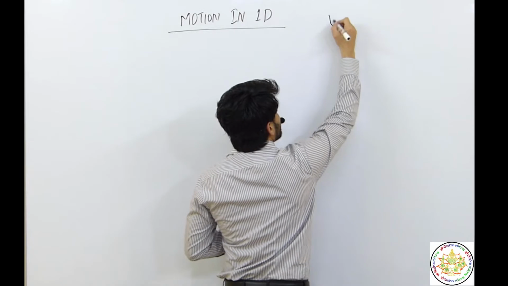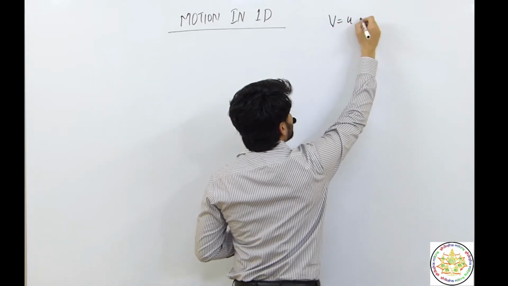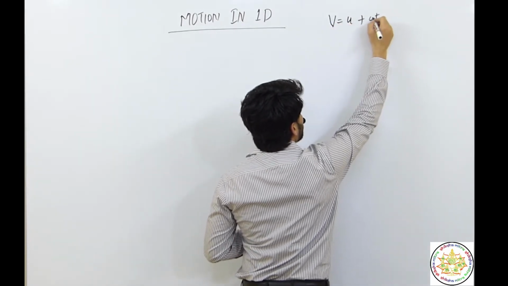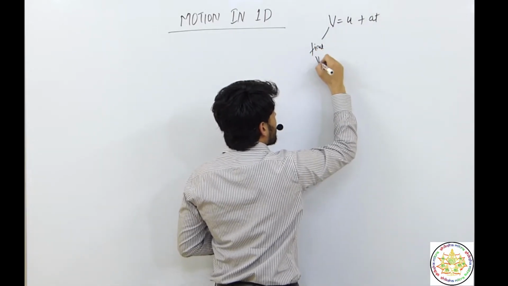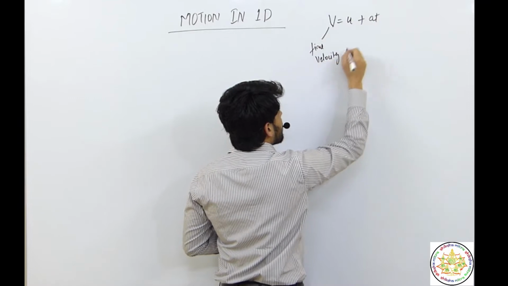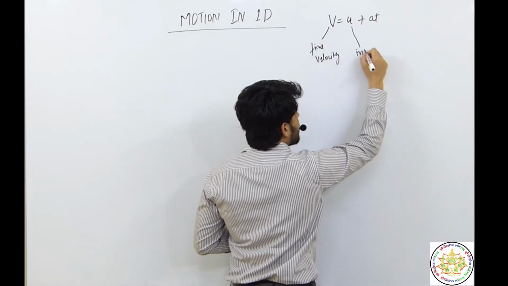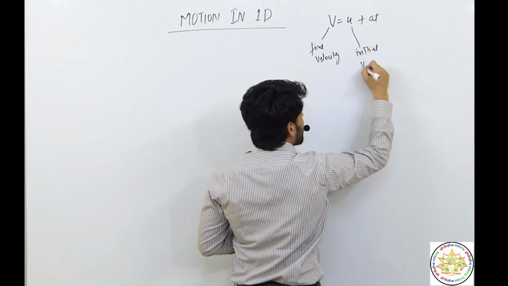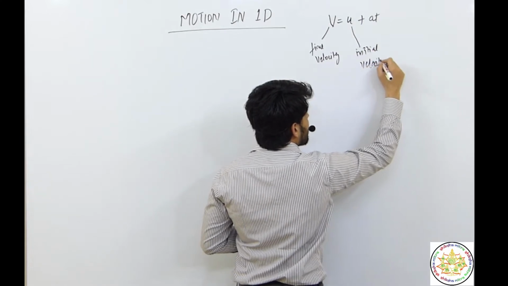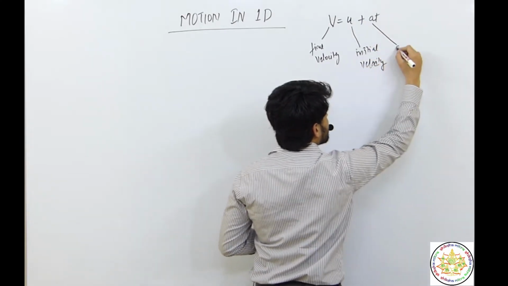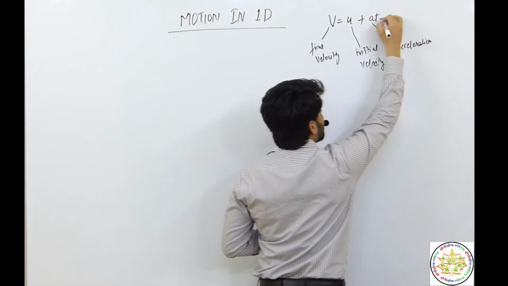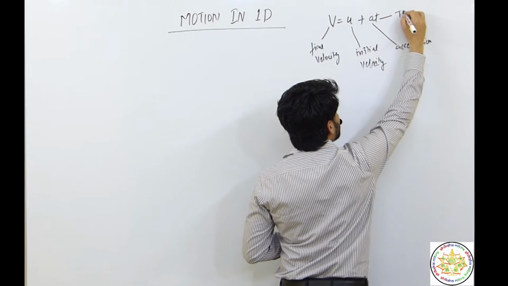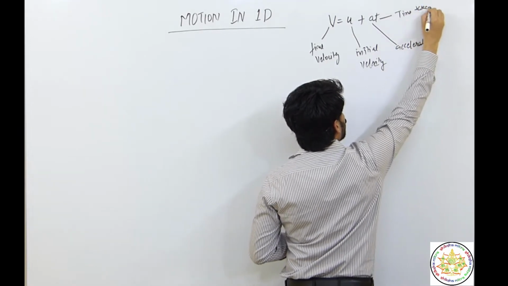First is V equals U plus AT, where V is the final velocity, U is the initial velocity, A is acceleration, and T is the time taken.